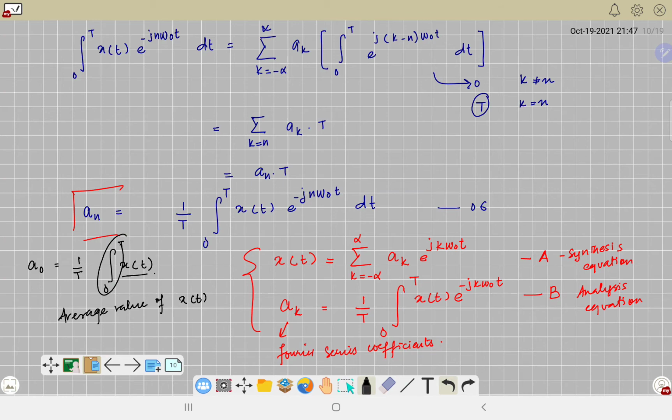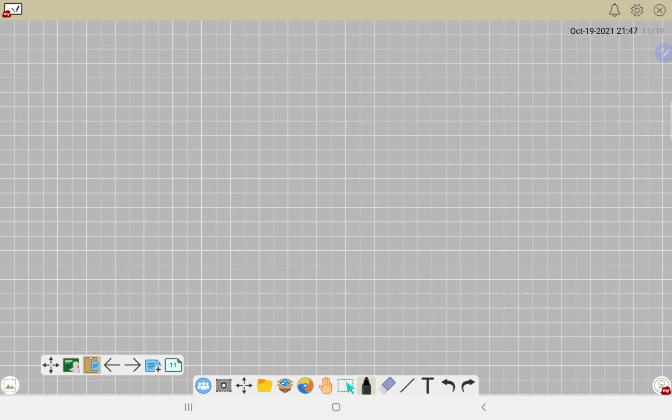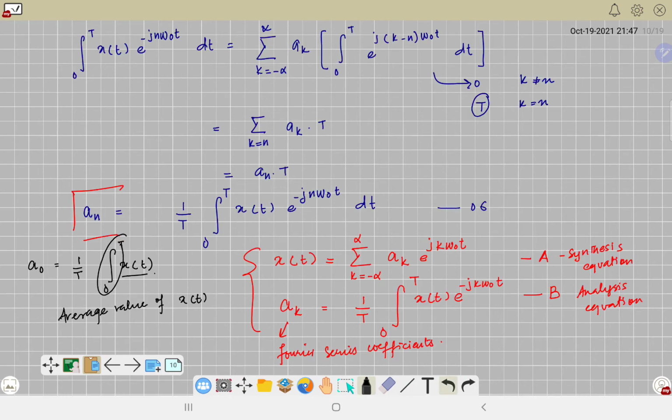Now we'll quickly do an example. Like I said, this is the general representation. So whenever you have a periodic signal represented as a Fourier series, you are interested in the coefficients, because the coefficients give you information about the signal, how the harmonics are related, which indirectly helps in the frequency analysis that we'll take up later.